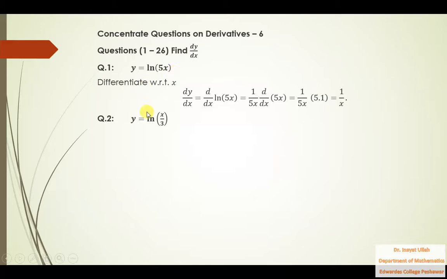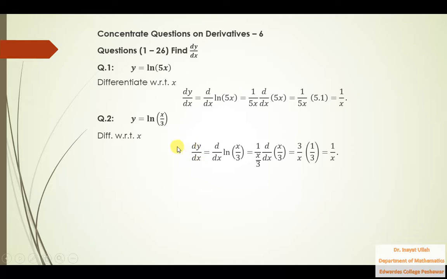Question number 2, we need to find the derivative of this function, that is again a natural logarithm. So differentiate with respect to x, applying d/dx on both sides.